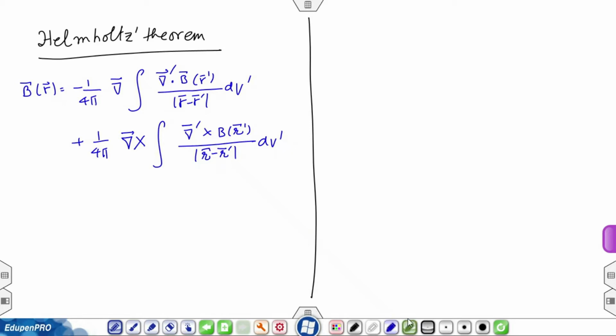Now, for magnetic field, we have divergence of B equal to 0 and curl of B equal to mu naught J of r.